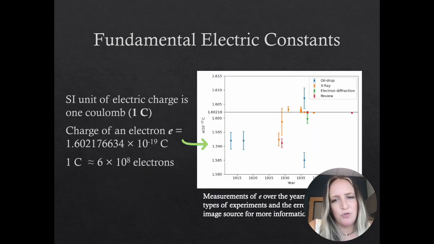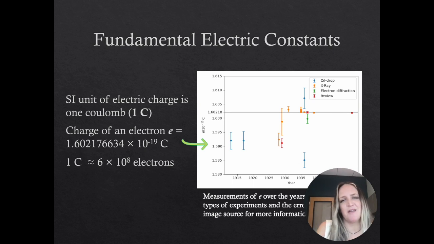So I told you already that the smallest possible charge in this world is 1.602 times 10 to the minus 19, which is the charge of an electron, okay? We have, over the years, been measuring and trying to find out, accurately to many decimal places, what this value is, this quantization of charge.